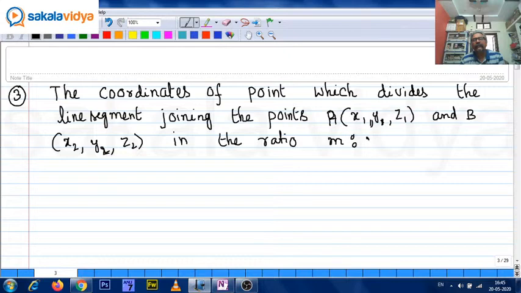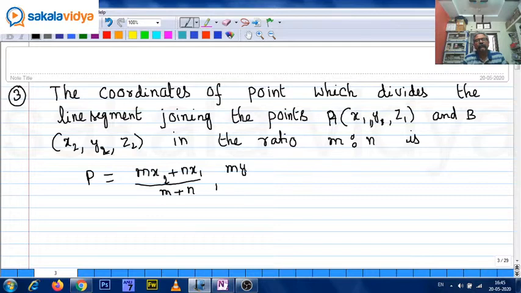m is to n, say the coordinates are, for example, that point, (mx2 plus nx1) by (m plus n), comma, (my2 plus ny1) by (m plus n), comma, (mz2 plus nz1) by (m plus n).